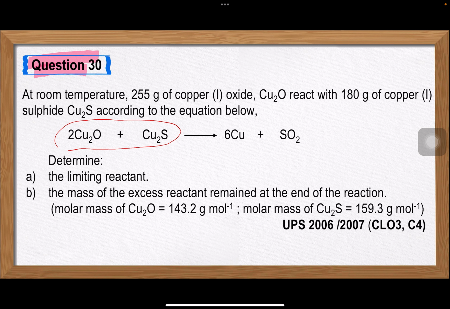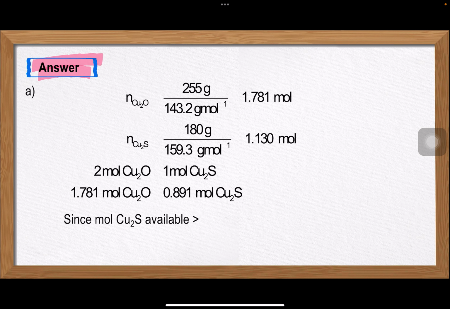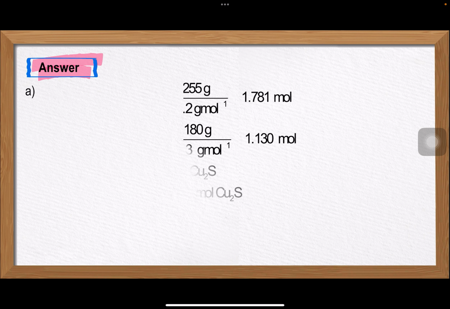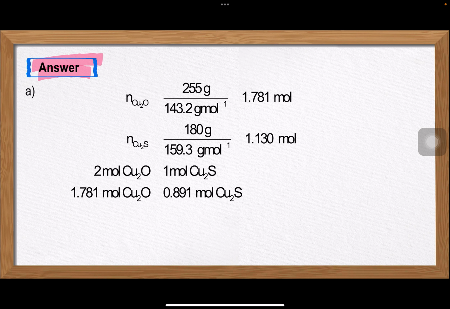Normal. We just change the mass to mole for both reactants. Copper oxide is 1.781 and copper sulfide is 1.1330 mole. Both of these are available. Again, available.